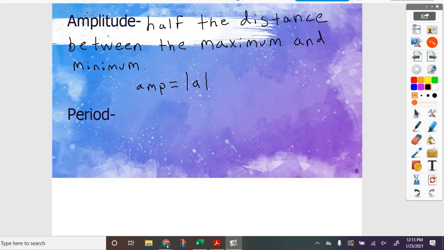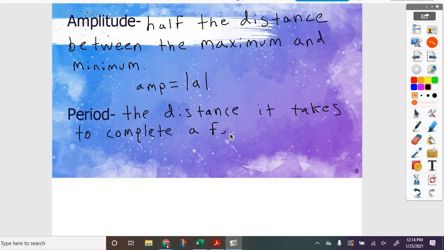Now, the period of a graph is the distance it takes to complete a full cycle, which is basically where we get back to where we started.